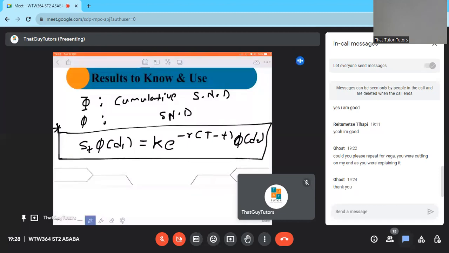In most of the tests that I looked at, you would always be given this equation, but I would advise you to cram it if you have to. If you don't know how to cram it, you can ask me for the proof. Actually, I don't have it, but I can do it.